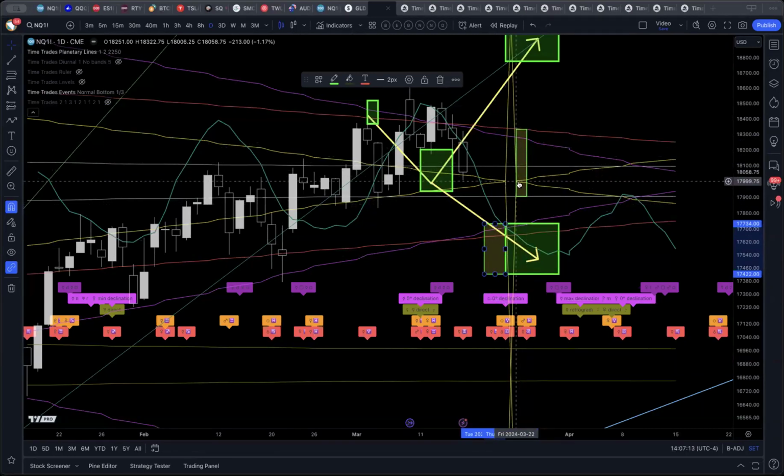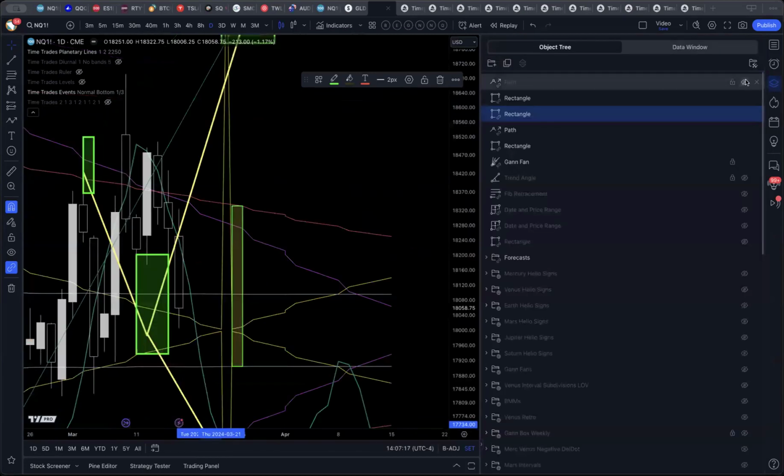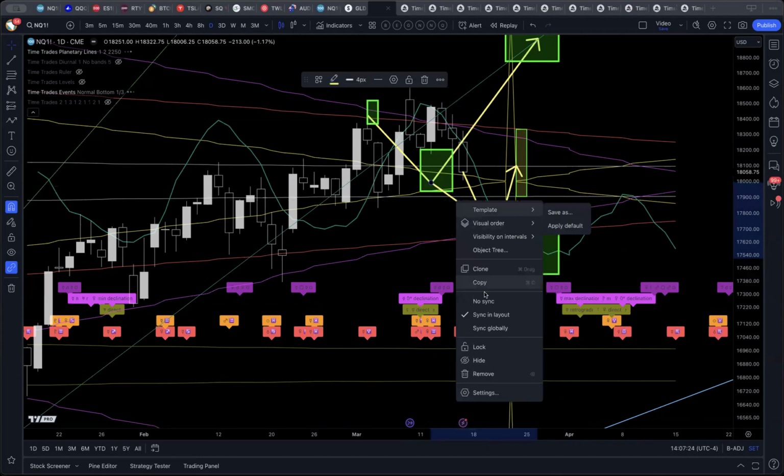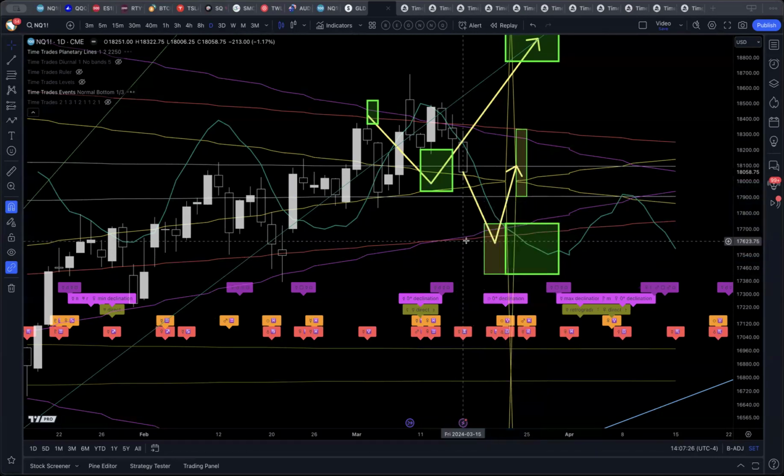So I think we'll see a pump up here. What I want to do is update the path. Let's remove some of these older paths. I'm just going to hide these and hide these so it's a little bit easier to see.